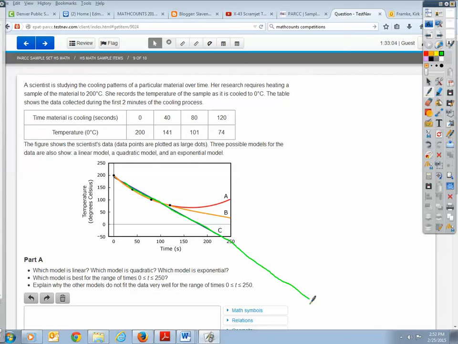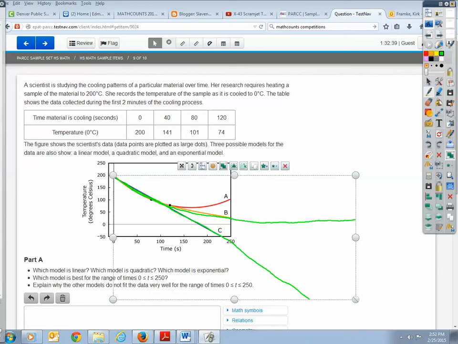So the linear model really makes no sense either, which leaves me with the exponential model, which makes a lot of sense, because if my room temperature is 0, as I continue, it's going to continue getting closer and closer to 0 until it actually hits 0. So obviously the exponential model, model B, is the best model for this problem.